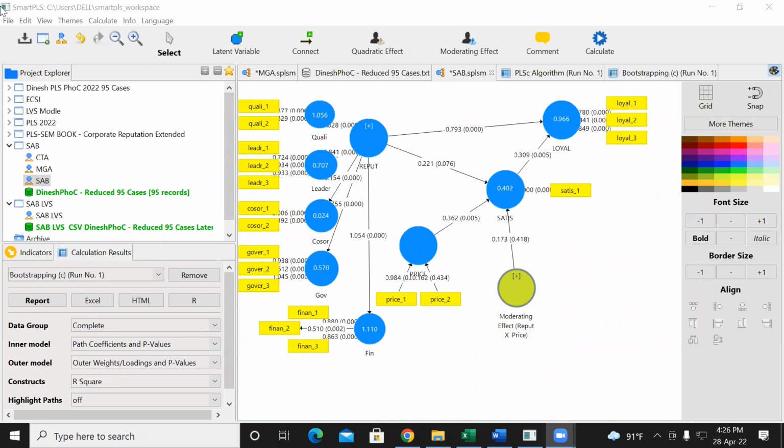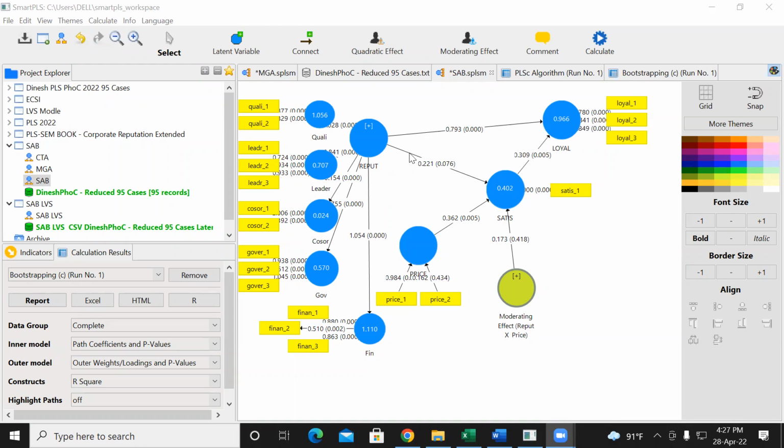Why is it a partial mediation? All three paths are significant. That means there is no full mediation. If there's a full mediation, the direct effect is not significant. If this is very close to 0 and the p-value is above 0.05, think about the scenario where this path is not significant while the indirect paths are significant.